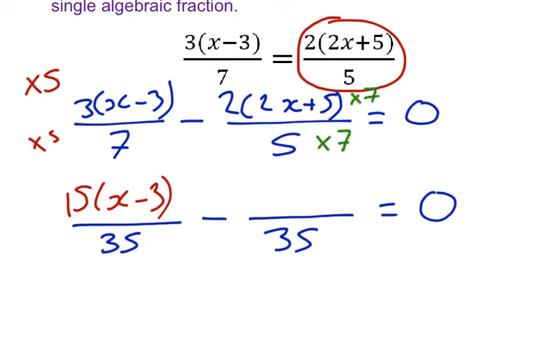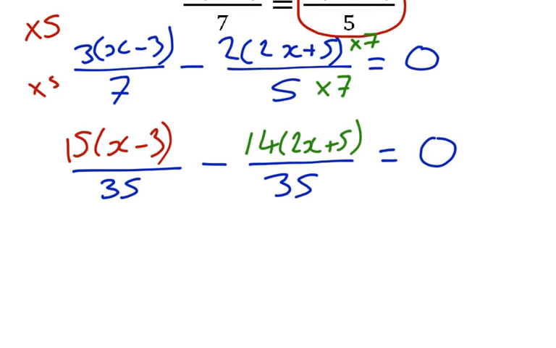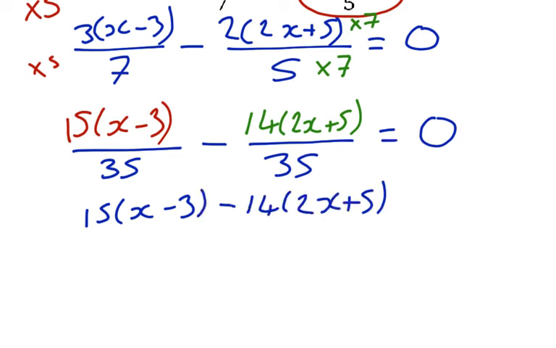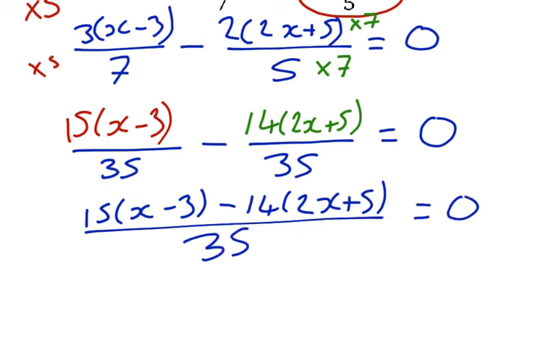And again, multiplying the whole lot by 7, just multiply the outside number, the 2, by 7, gives us 14(2x + 5). We're well on our way now, so we combine the two fractions, so we get (15(x - 3) - 14(2x + 5)) all over 35 equals 0.